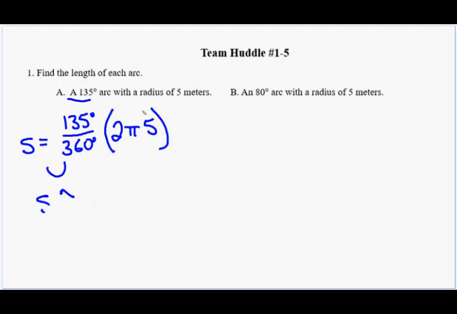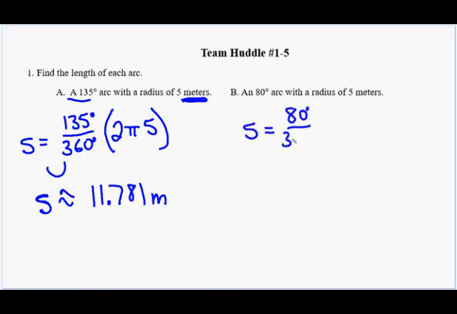Back. That should be 11.78. Arc length is approximately 11.781. We do have units now, so we can put an M on there for meters. Letter B, pretty much the same. Arc length is now an 80-degree arc out of a full 360 times 2 times pi times radius 5. Calculator tells me that's going to be about 6.98. Once again, units are meters.